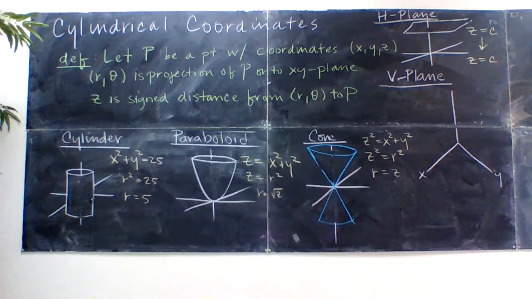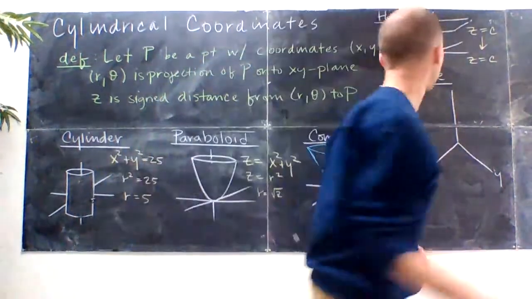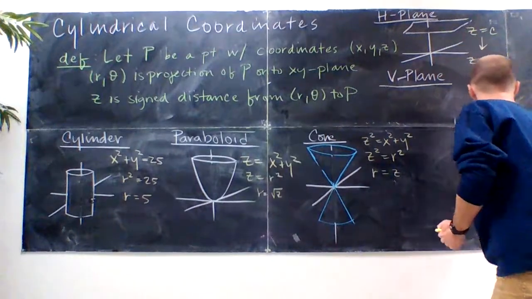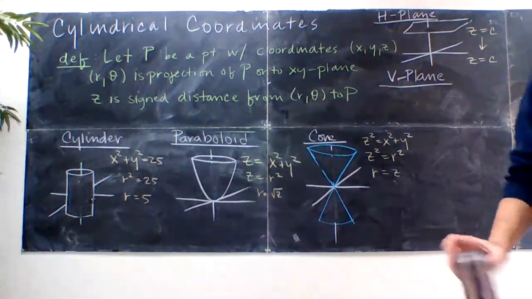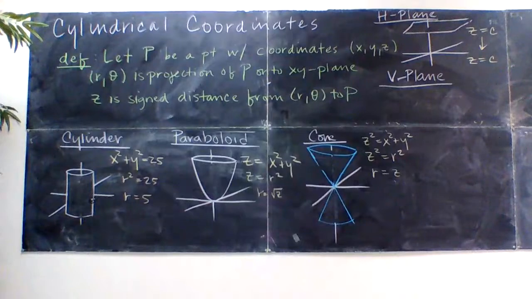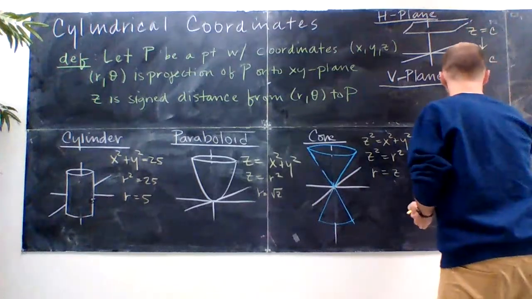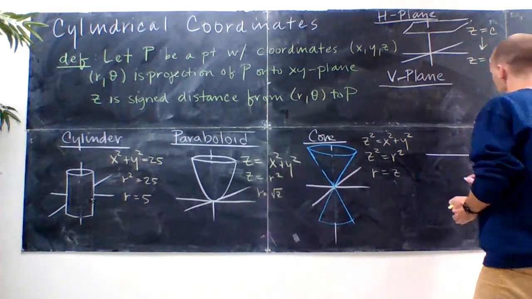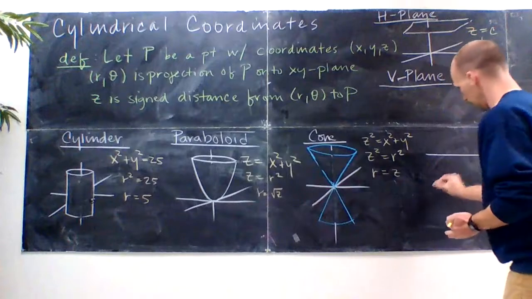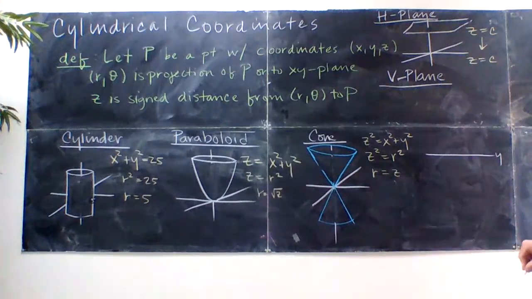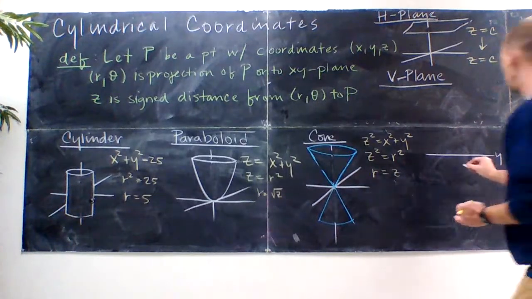And then, how did I draw this? No, I didn't do it exactly like that. Pardon me, I'm going to just erase that. I actually reversed x and y. So I've got, this is going to be my positive y-axis, and then this down here is going to be my positive x-axis.